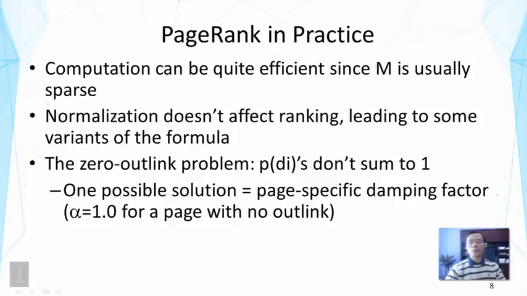And one possible solution is simply to use a page-specific damping factor, and that could easily fix this. Basically, that's to say alpha would be 1.0 for a page with no outlink. In that case, the surfer would just have to randomly jump to another page instead of trying to follow a link.